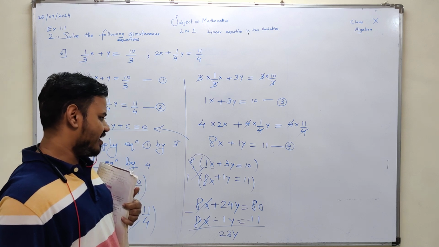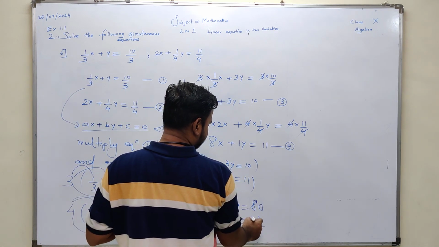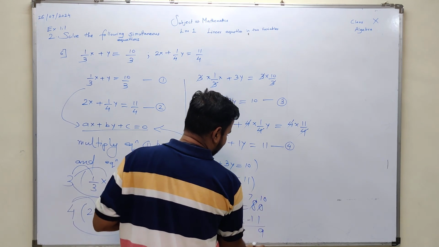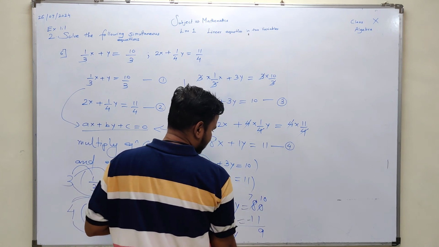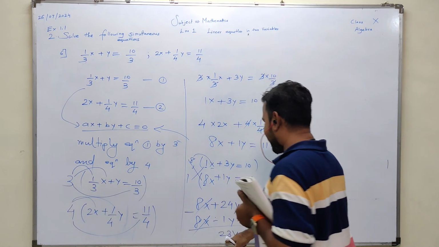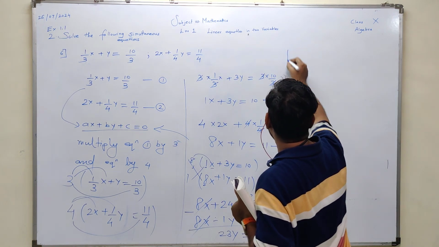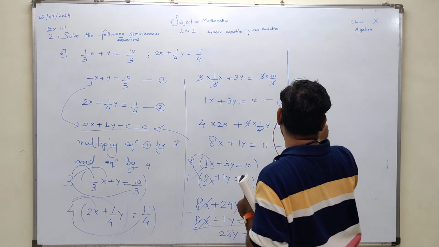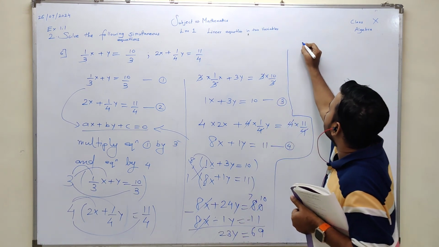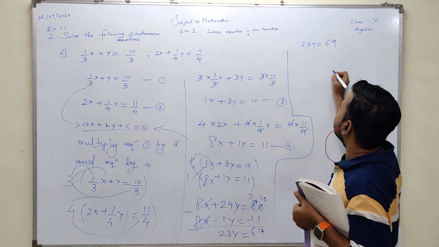This will become 7, this will become 10. 10 minus 1 is 9. 7 minus 1 is how much? 6. So we got the answer 23y equal to 69. We'll carry forward our answer here: 23y is equal to 69.